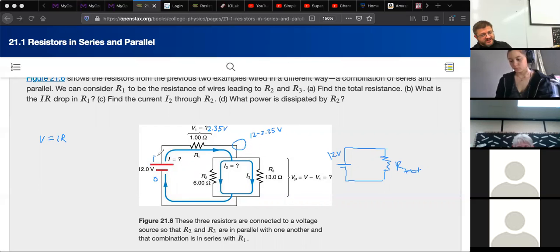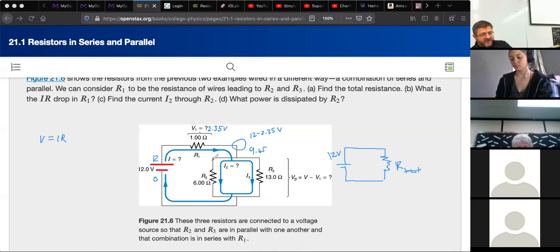The voltage on this side is 12. So if I have a drop of 2.35, then I get 9.65 volts here and a difference of 9.65 to 0 here. So now I know the voltage across these two resistors is 9.65 volts.